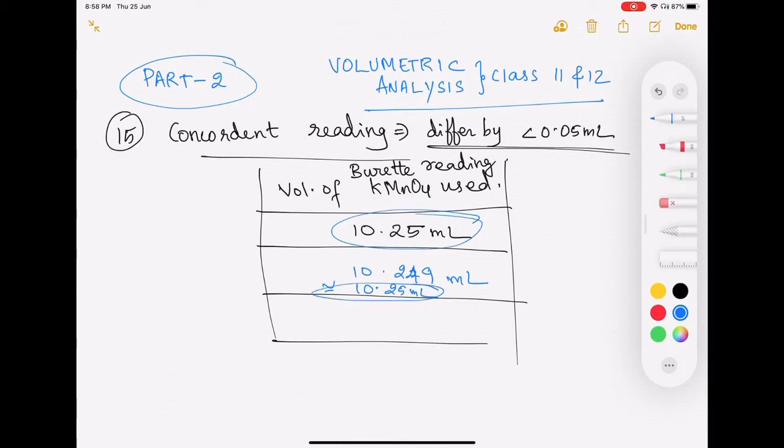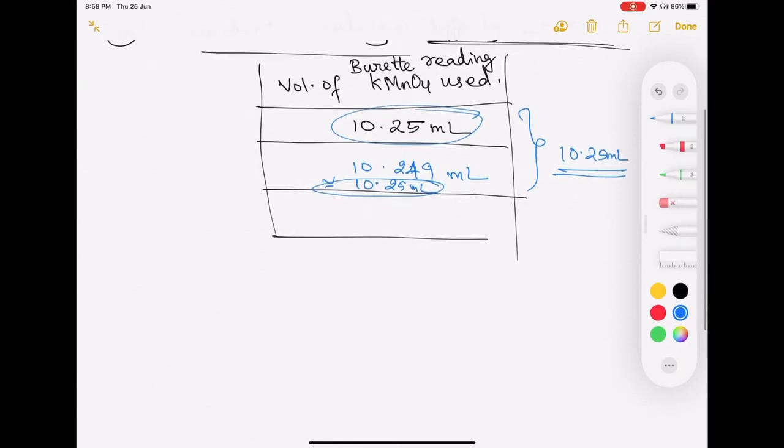That means their error is actually very less, and you can consider that this is a concordant reading. So we can define concordant reading as a reading which differs by less than 0.05 milliliter, and when we are getting concordant readings like this, we can say that our burette reading is 10.25 milliliter of the reagent KMnO4 which is used. This was our 15th question.